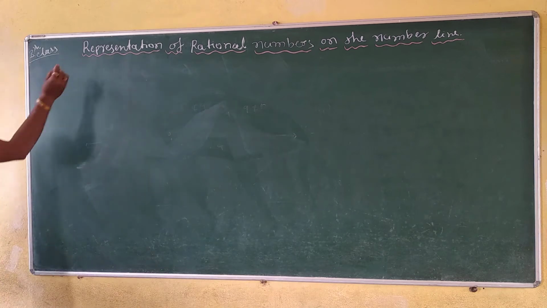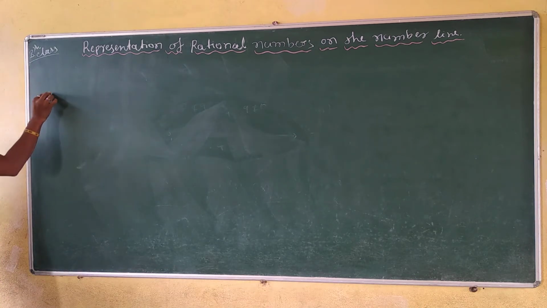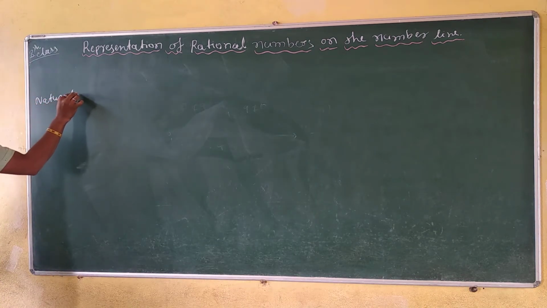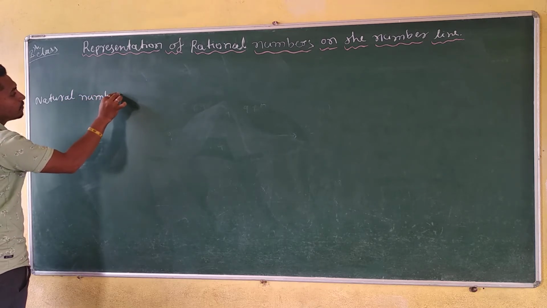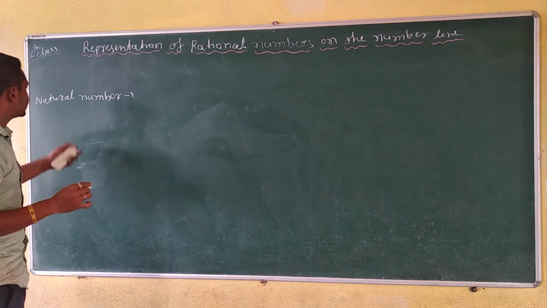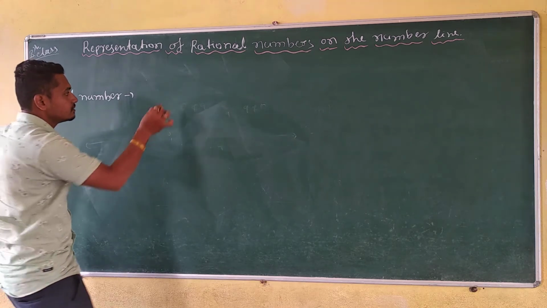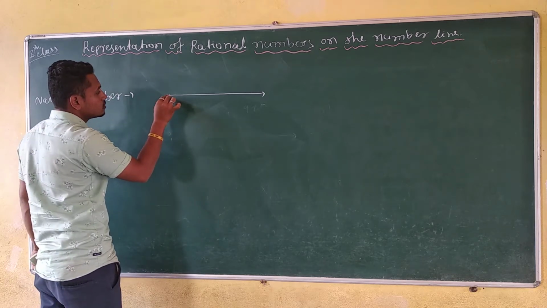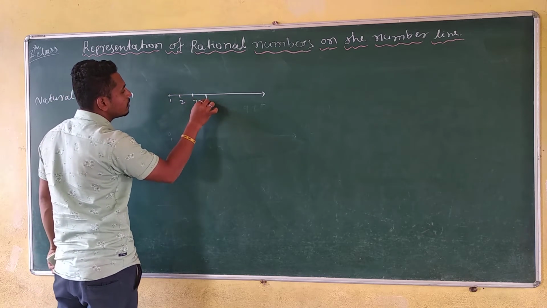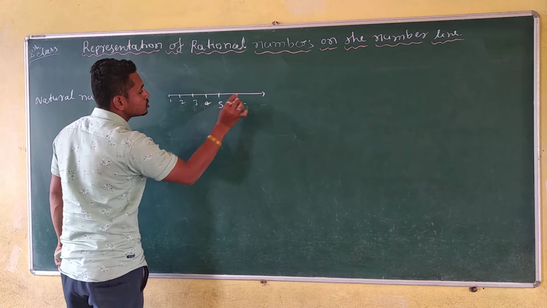Now see here, this is the natural numbers. Now represent the natural numbers on the number line. See here, this is one number line, and 1, 2, 3, 4, 5, and so on.